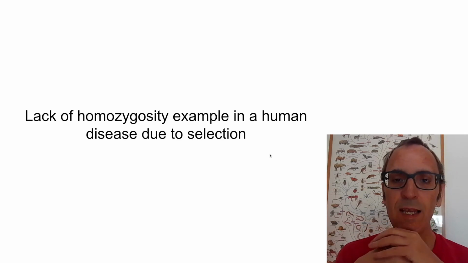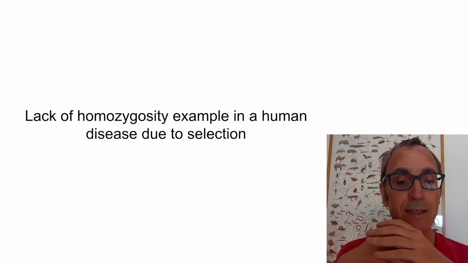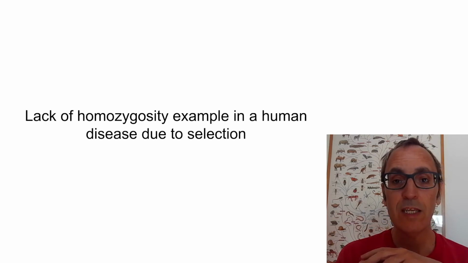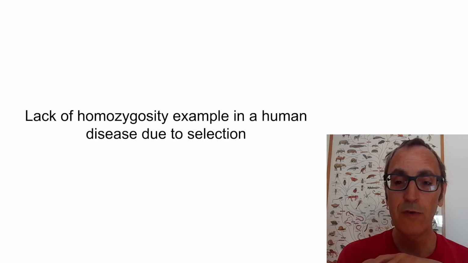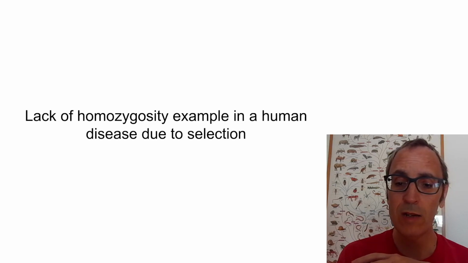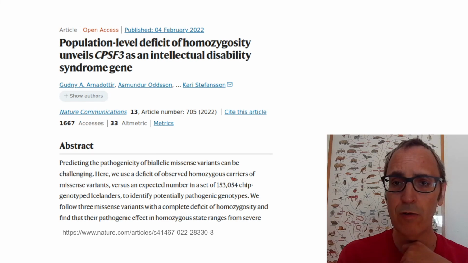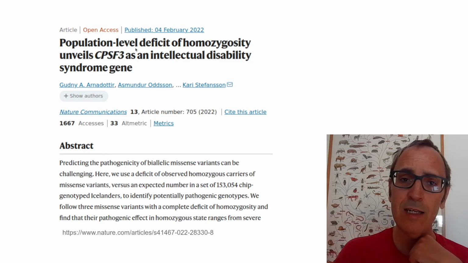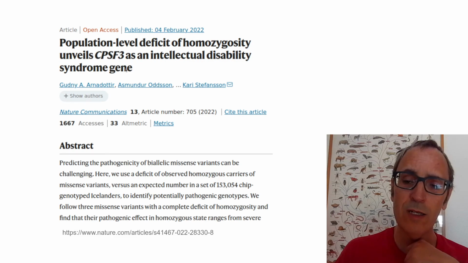There are other deviations, for instance, if you have selection, for instance, if you have a disease that selects against the homozygosity of the minor allele that is deleterious, you will have a lack of some homozygosity, the homozygotes for the disease allele. This is an example in a paper in which the authors check the lack of homozygosity in one gene.